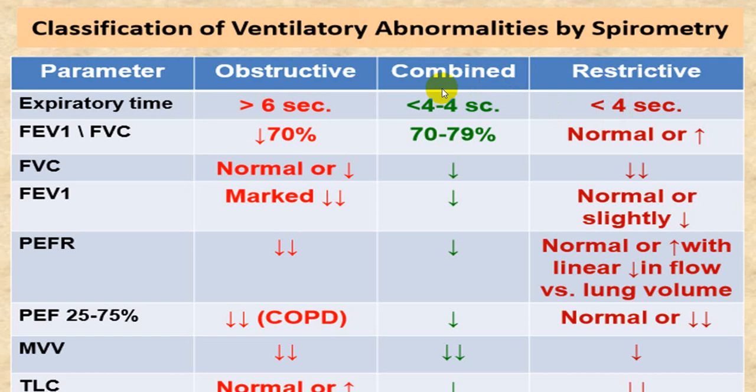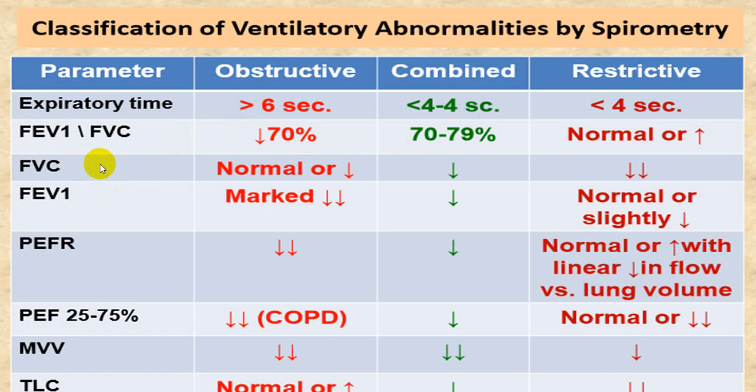And in combined, it will be close to 4 seconds. If the ratio is more than normal or close to normal, it is more in favor of restrictive. If it is between 70 to 80, it is combined. If it is less than 70, obstructive.